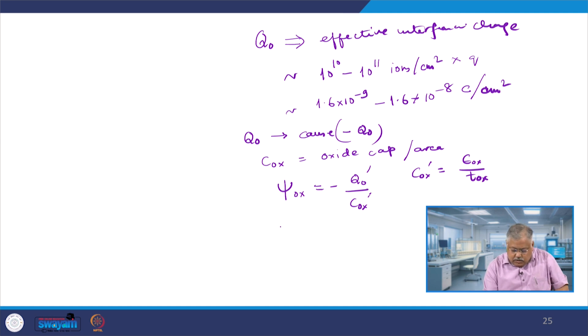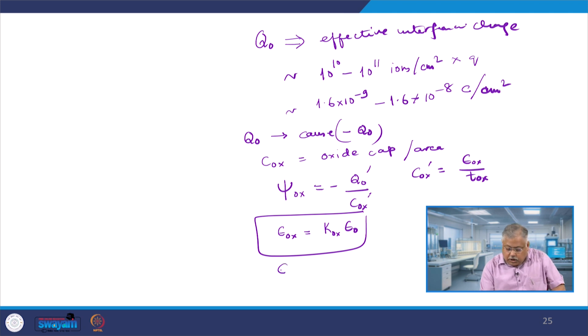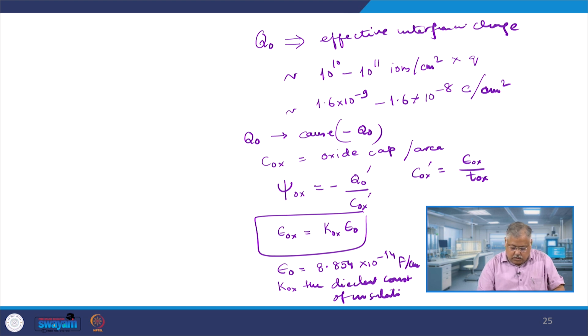I can write epsilon ox, the permittivity of the oxide layer, to be equal to Kox into epsilon naught, which you already know, where epsilon naught is the permittivity in free space, and it is given by 8.854 into 10 to the power minus 14 farad per centimeter, and Kox is the dielectric constant of the insulator. And what is the value of Kox? Kox is typically, for silicon dioxide, approximately equal to 3.9.